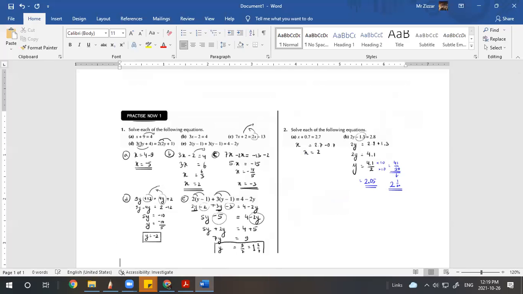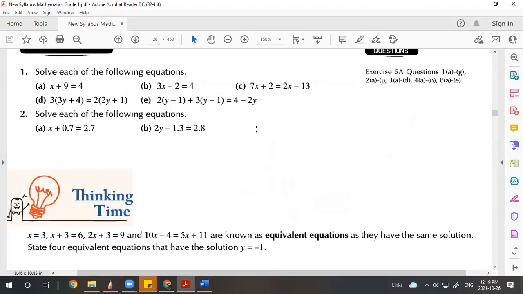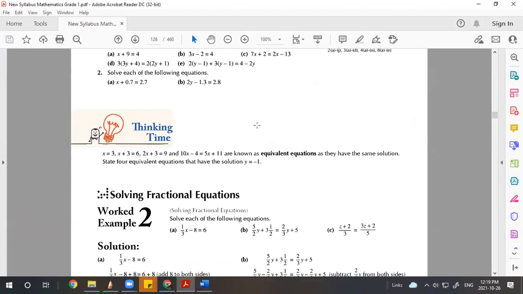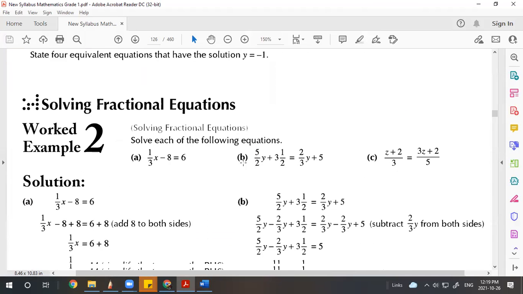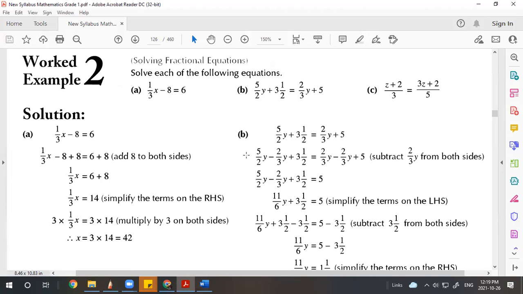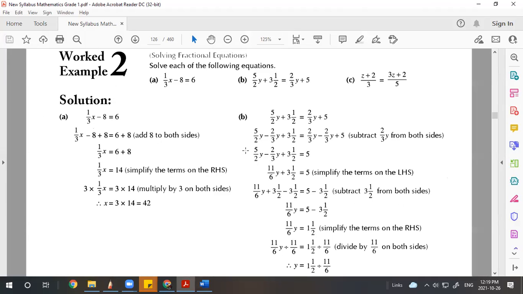Let's go to the next practice now. How about this? We deal with the fraction. You're going to look at this so complicated working. See, add 8 to both sides and simplify the terms of the RHS, the right hand side, blah blah blah.